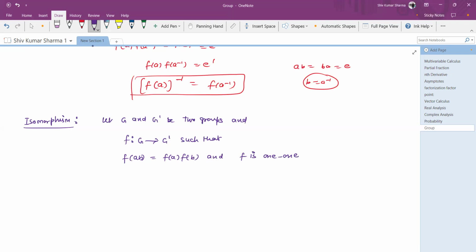Then f is an isomorphism from G to G dash.